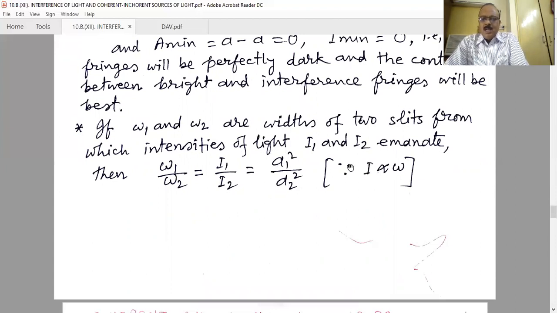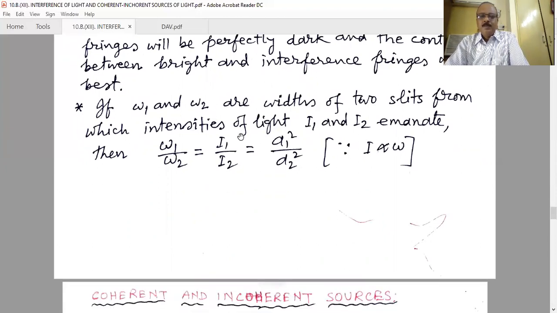That means the intensity of light which emanates through a slit is proportional to the width of the slit. If the width of the slit is more, the intensity of light coming through that slit will be more. This concept will also be used to solve different questions.